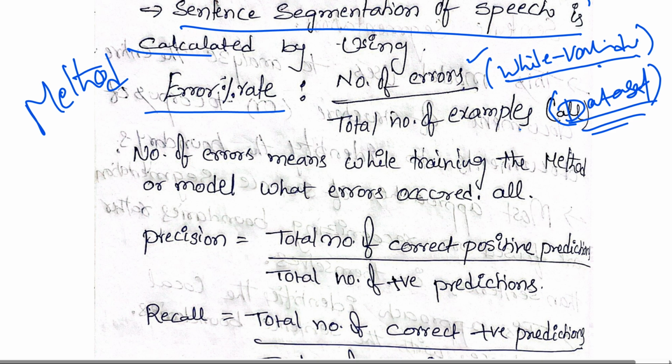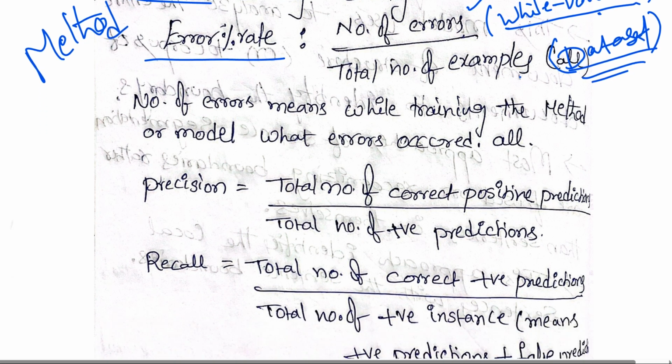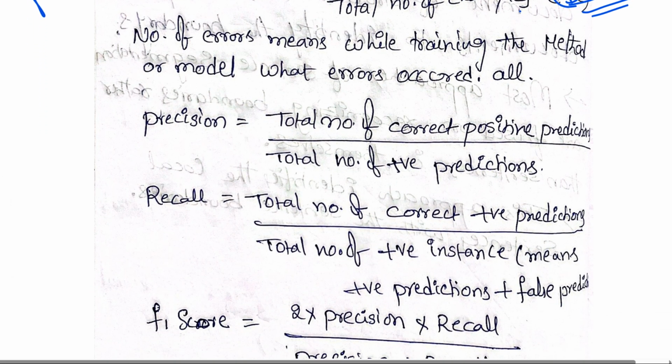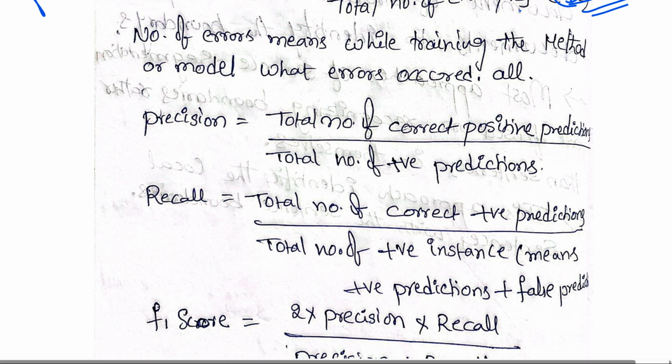Then coming to precision. How to calculate precision? It is the total number of correct positive predictions divided by the total number of positive predictions.